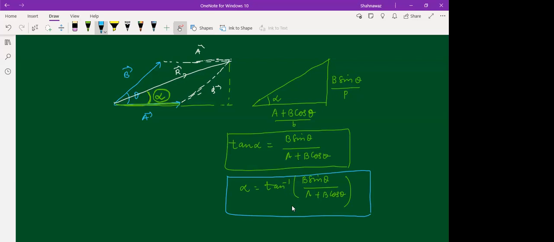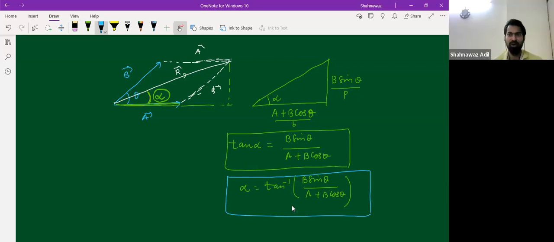Sir, I joined two days ago, so I didn't learn anything. Okay, then I will explain this more precisely. Please note down this part, and then we will learn about this inverse trigonometric function.